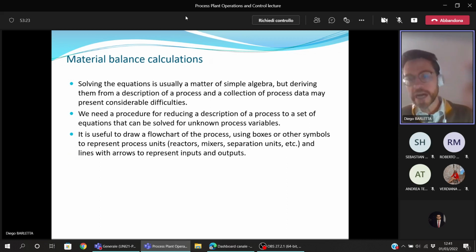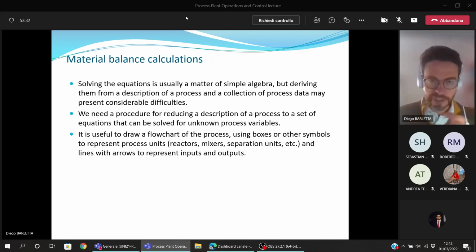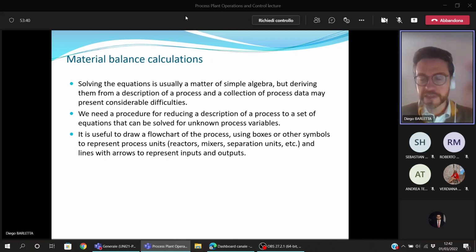in which, of course, we can either represent the process units as boxes, so generic boxes, just with a name inside, or a number, a symbol to distinguish the different units.